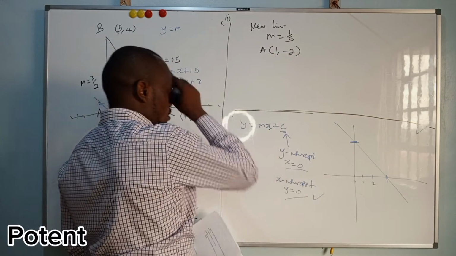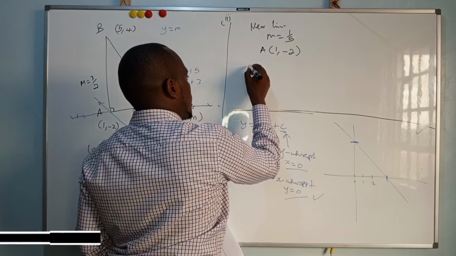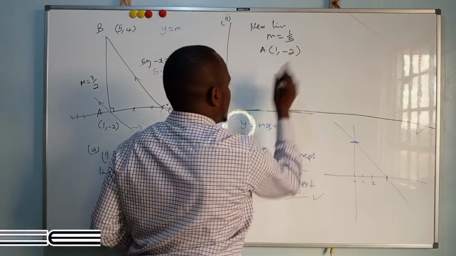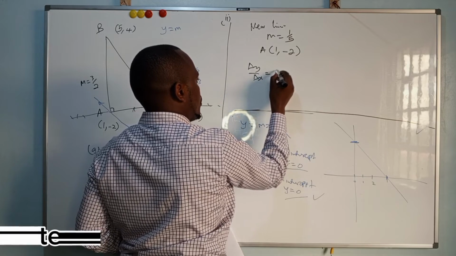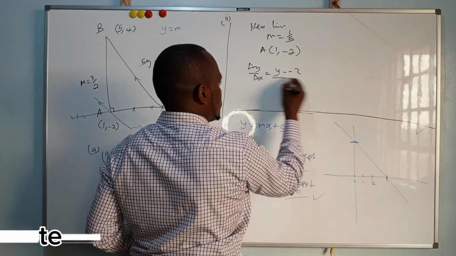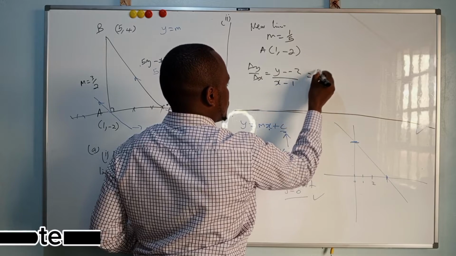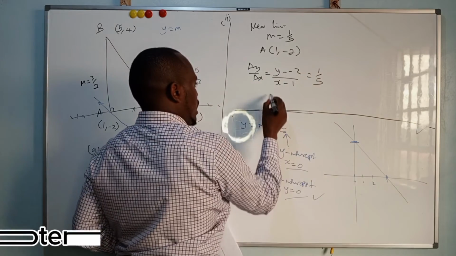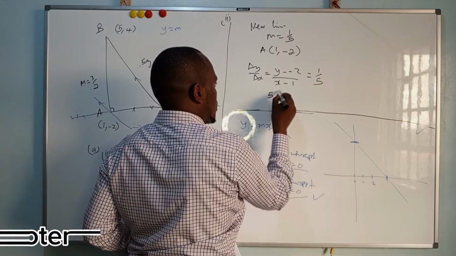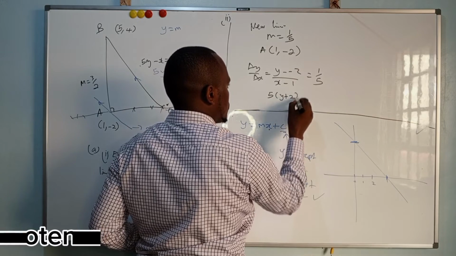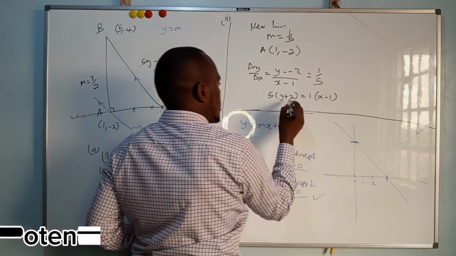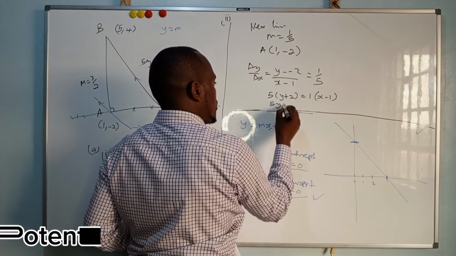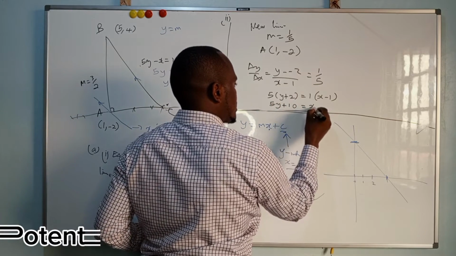To find the equation of this line, how do you find the gradient? It is change in y over change in x. So (y + 2) over (x - 1) equals 1 over 5. So 5(y + 2) equals 1(x - 1). So this is 5y + 10 equals x - 1.